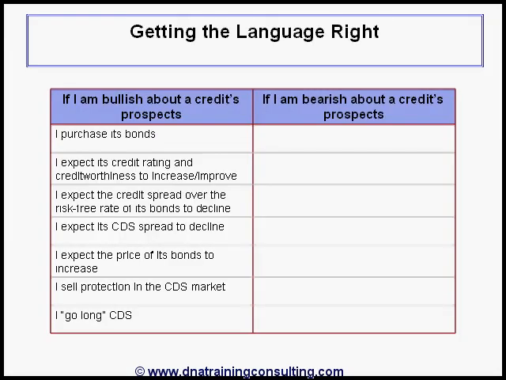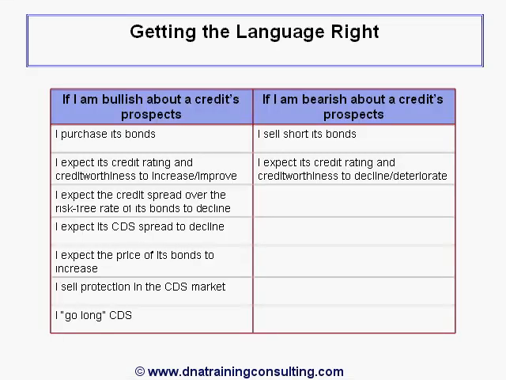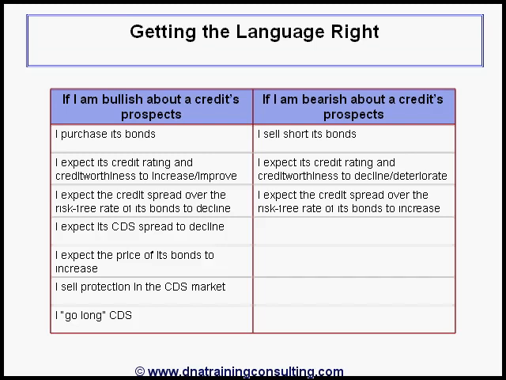Conversely, if I am bearish about the credit's prospects, I could sell short its bonds. I would expect its credit rating and creditworthiness to decline or deteriorate. I would expect the credit spread over the risk-free rate of these bonds to increase.